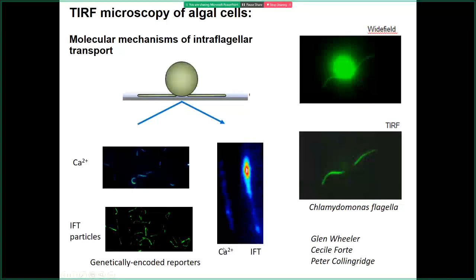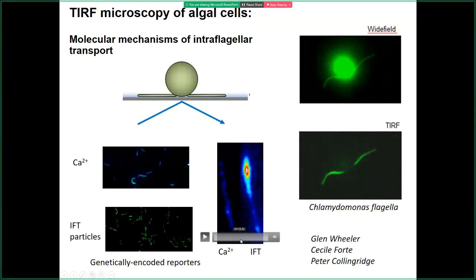And in the middle here, I'll show this video, which is a simultaneous time-lapse image of calcium, which is the left-hand streak there, and intraflagellar transport particles, or what we call IFT particles.